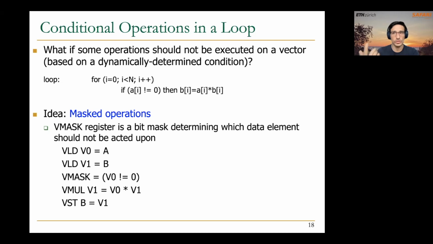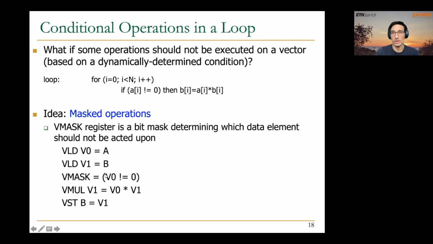So in order to write the vector code for this for loop that we have here, we will need vector load instructions to access elements from arrays A and B. And then we have to check which elements of array A that have been loaded in vector register 0 are 0 or different to 0.